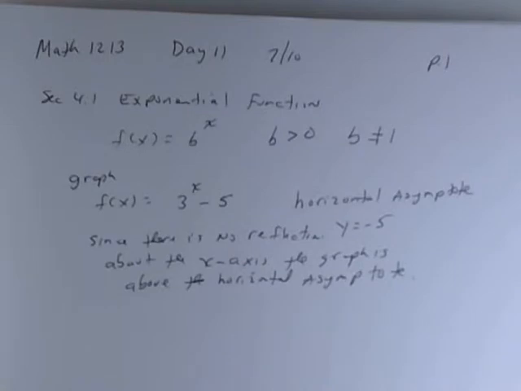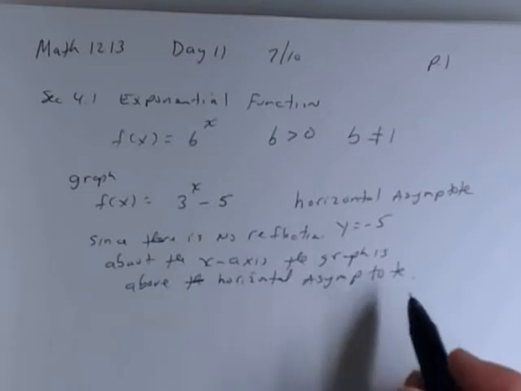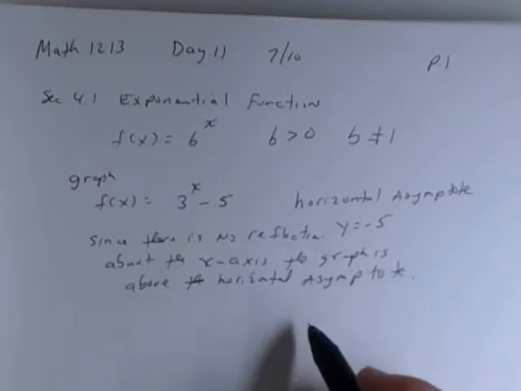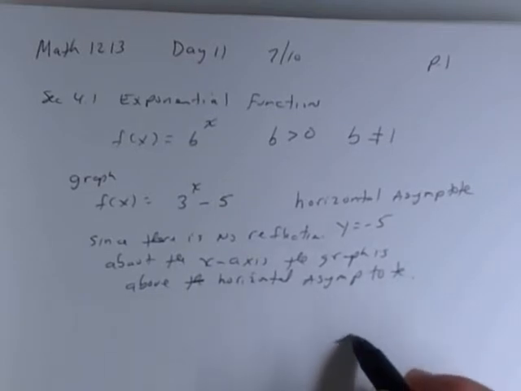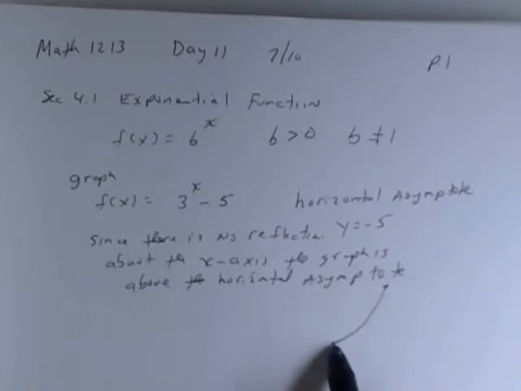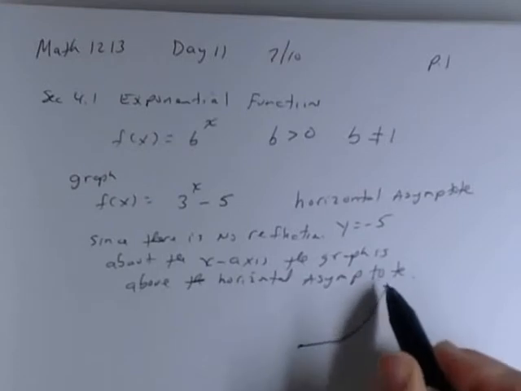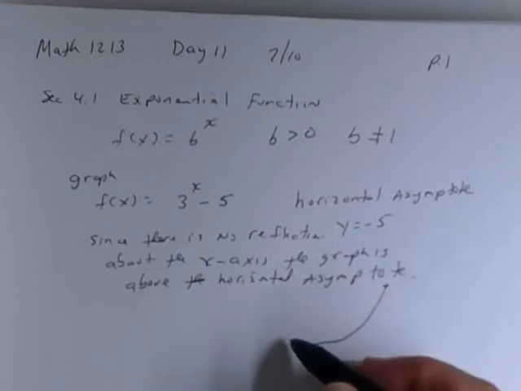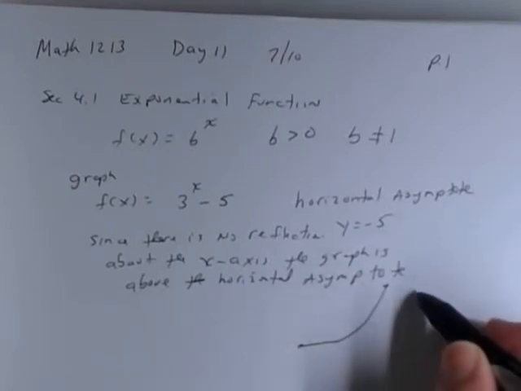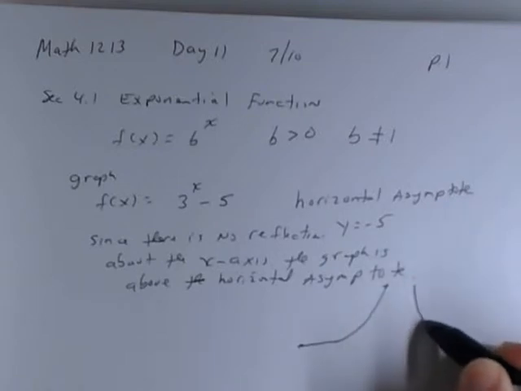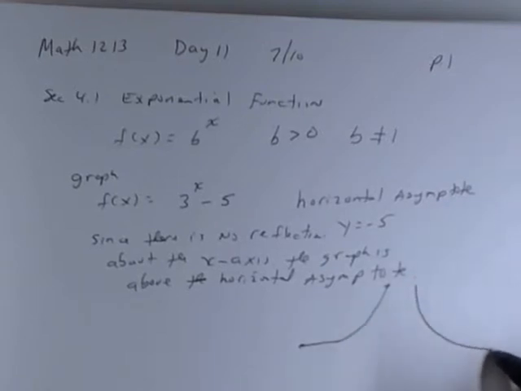And remember how an exponential function looks. It rises rapidly like this, and then it levels off. So this is increasing. It could also decrease. It decreases rapidly, and then it levels off.